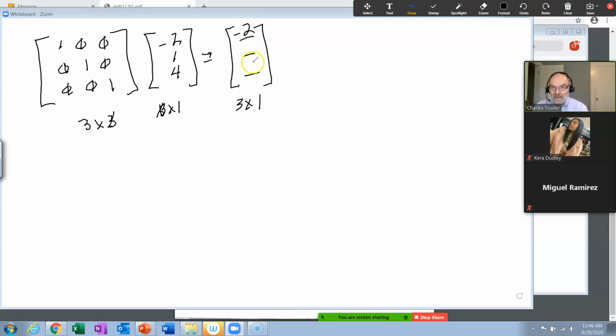The 2, 1 position here would be the second row here by the only column here. That would be a 0 plus 1 plus 0, that's going to be 1. The 3, 1 position here will be the third row here, the only column here. That would be 0 plus 0 plus 4. Sure enough, that reproduced that matrix.